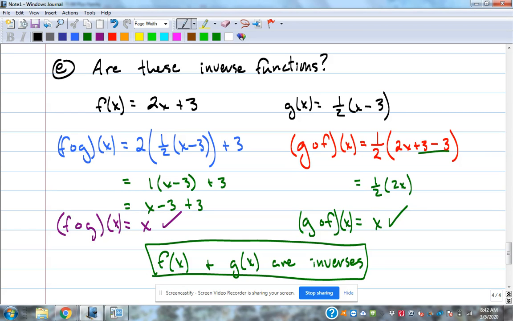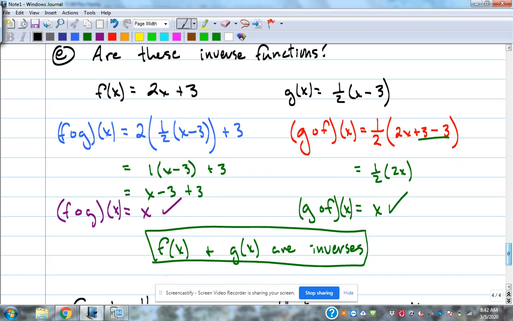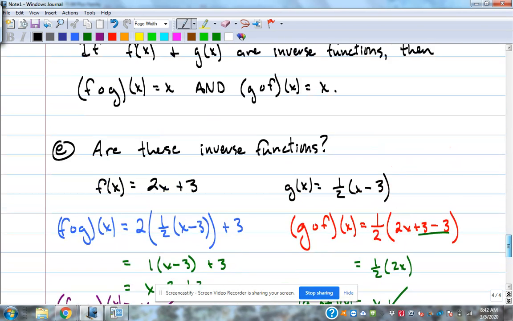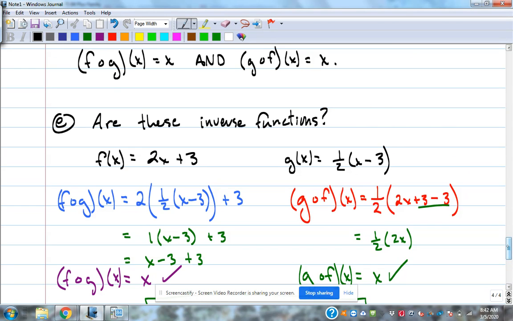If you didn't make a sign mistake and it comes out to be like 3x or x minus 7, anything other than plain x, then they're not inverses of one another. You've got to figure most of them are going to be inverses on the practice, because that's what we're trying to get you to learn to do, is verify that they are inverses of one another. So algebraically, it's function composition, both directions.